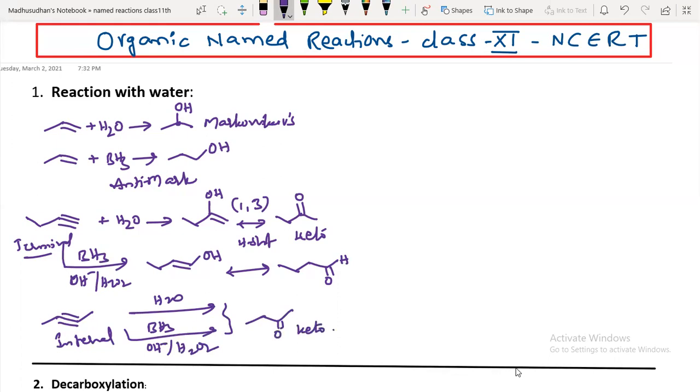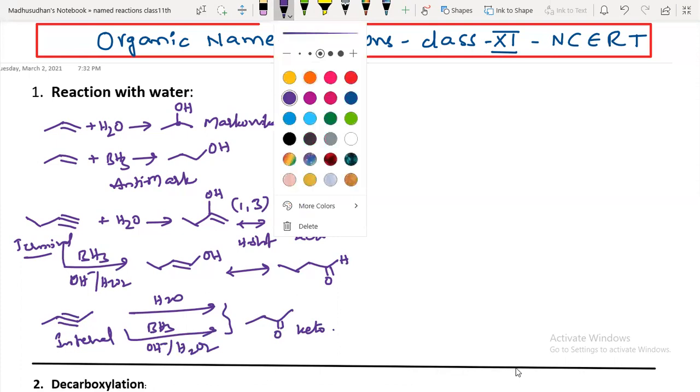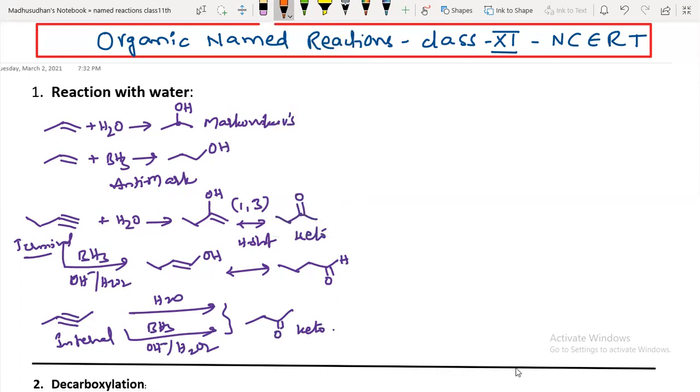Now guys, I am going to conclude this reaction with water. Look at this. The conclusion is, addition of water means different reagents are used for this. Direct water you can use, or you can use oxymercuration and demercuration.